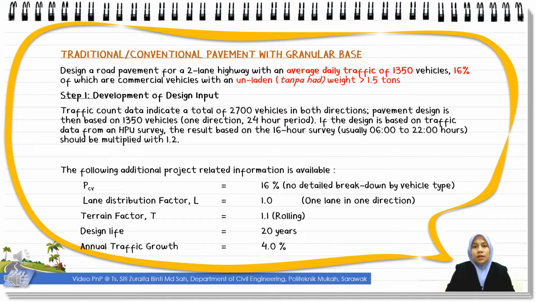This is an example of designing on how to use traditional or conventional pavement with granular base. A. You need to determine the initial average daily traffic in one direction, ADT.